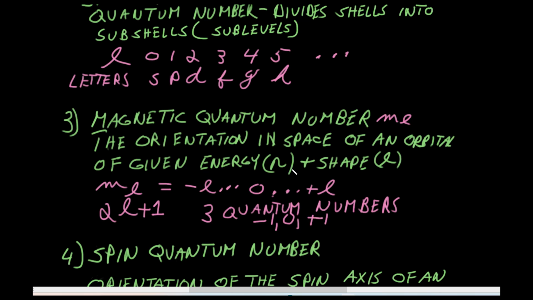If I would have 5 quantum numbers, or if I would be in the d, it'd be a negative 2, negative 1, 0, positive 1, positive 2. And so you start with the negative values, go through 0, and then go to the positive. And again, we'll look at these as we go through some examples on the next video.